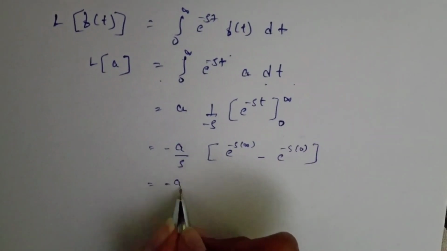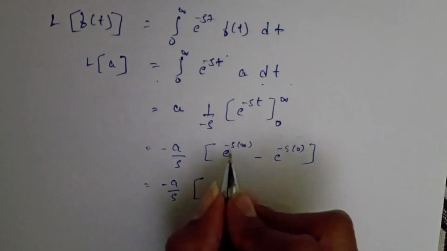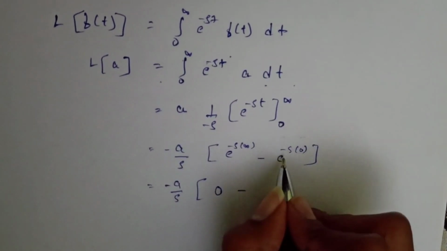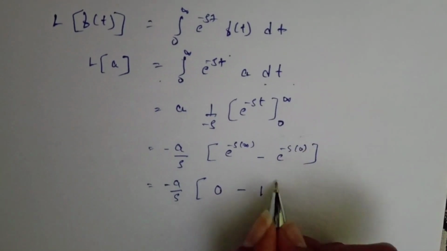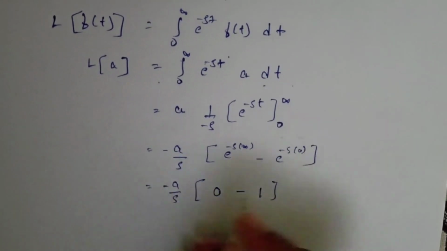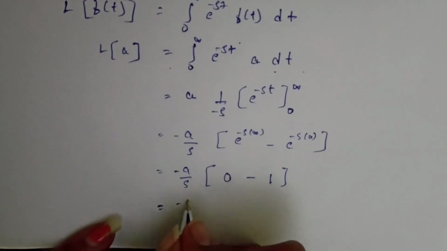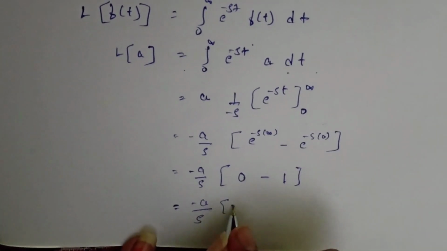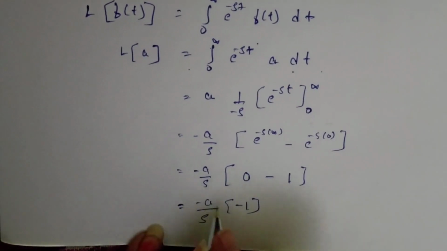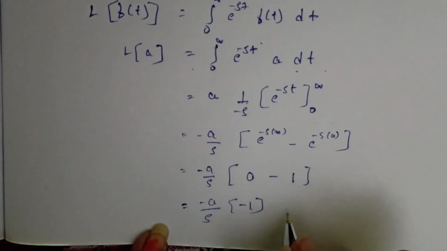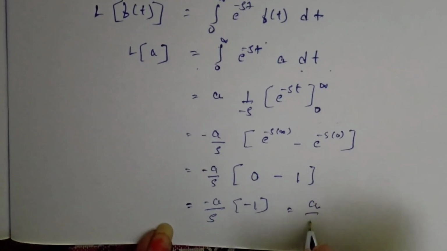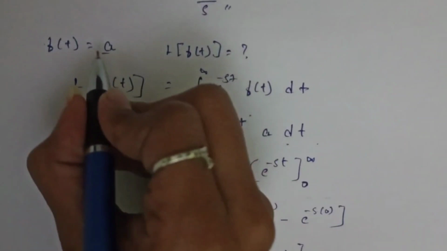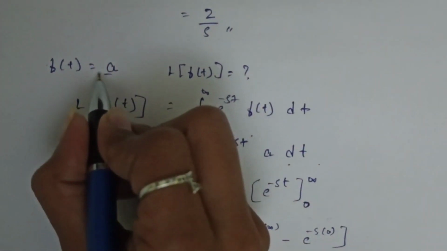So minus a by s, it becomes e to the power minus infinity is 0, minus e to the power minus s into 0 is 1, anything raised to 0 is 1. So it becomes minus a by s into minus 1, minus into minus is plus, a into 1 is a, so it is a by s.